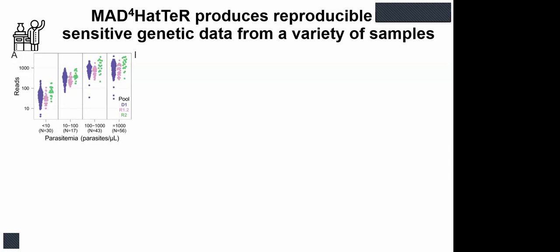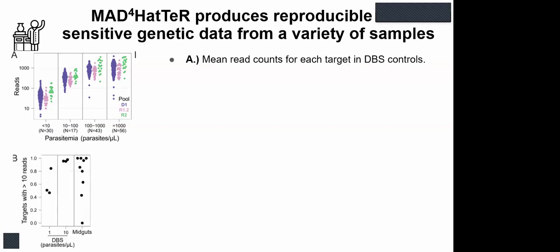And you realize that even with less than 10 parasites per microliter, the different pools are being fully sequenced compared to the others. And also as the parasitemia increases across the different samples, you realize that all pools for diversity, resistance and diagnostic markers are all being amplified well with good reads.